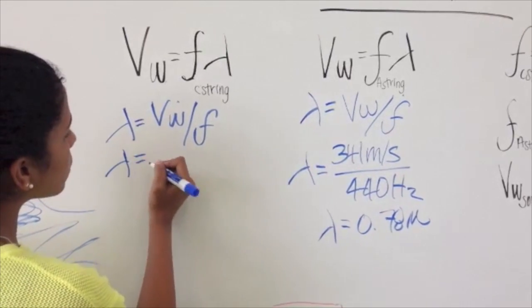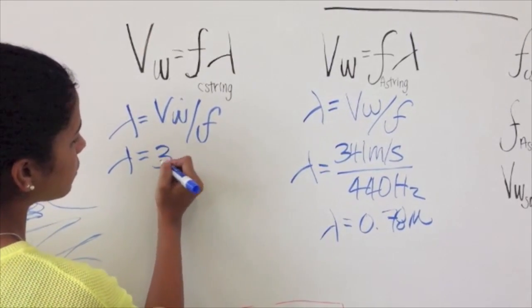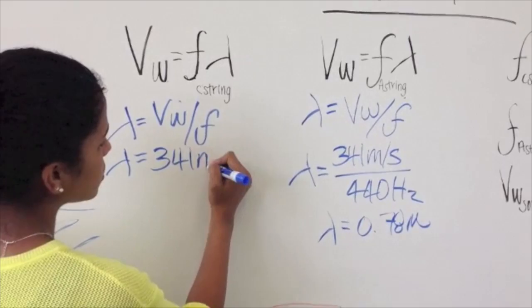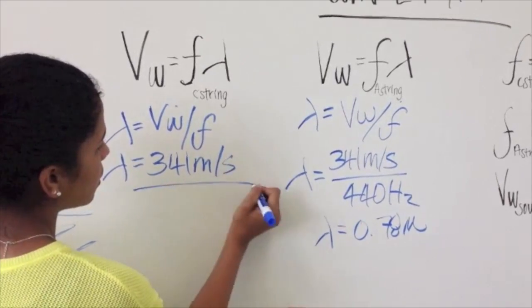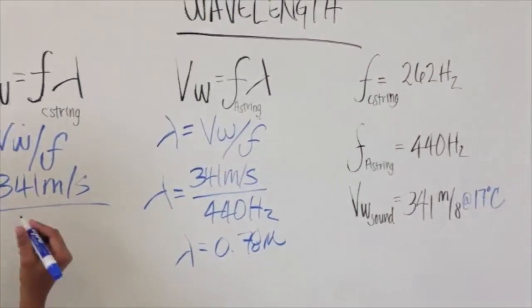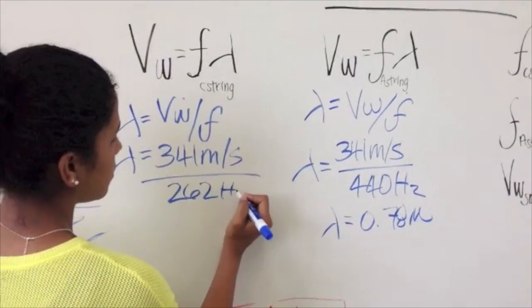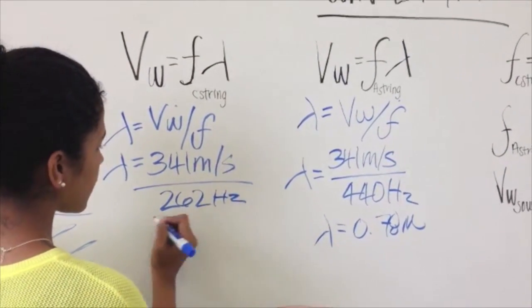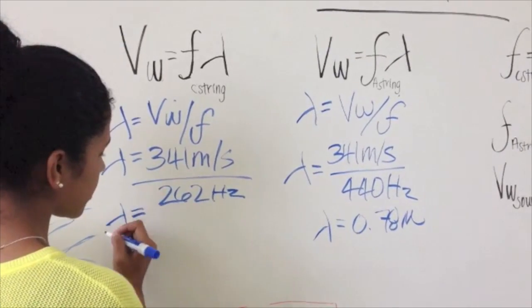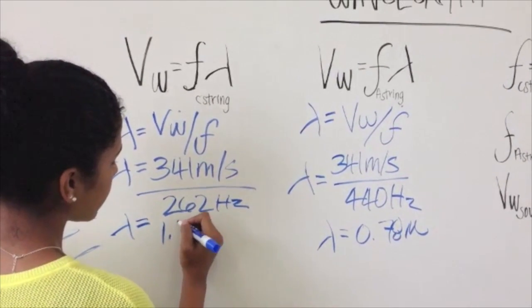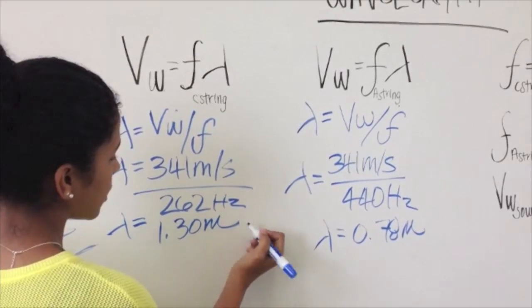So wavelength equals the speed of sound, which is 341 meters per second, over 262 hertz. Once you do that calculation, you'll see that it's 1.30 meters.